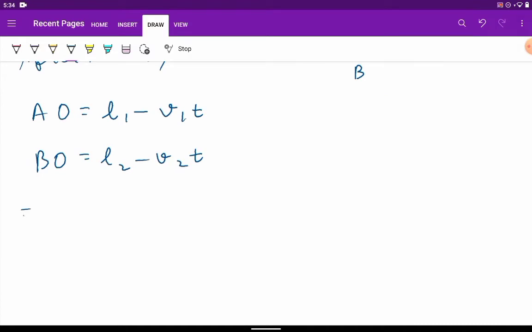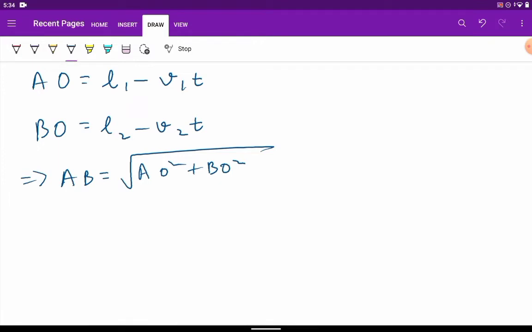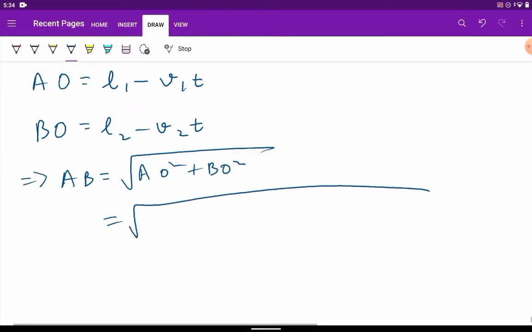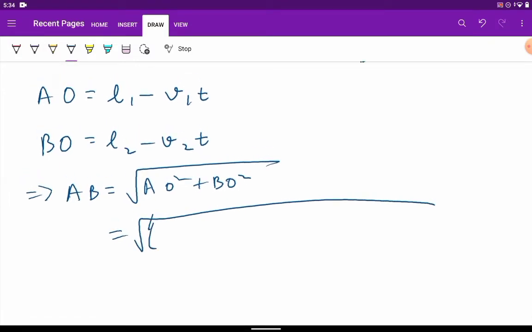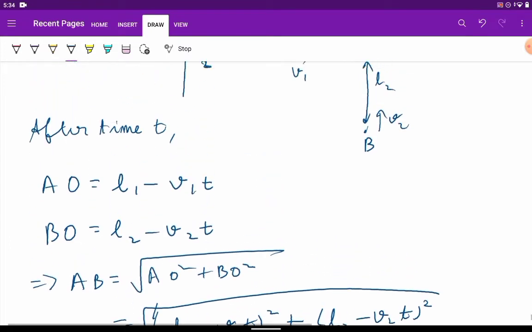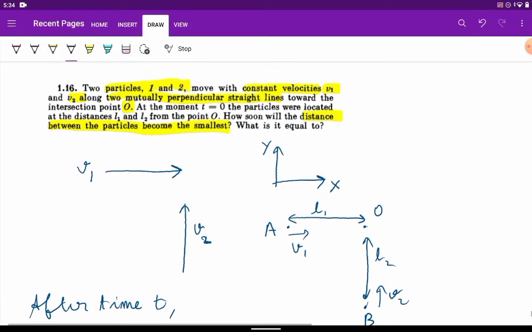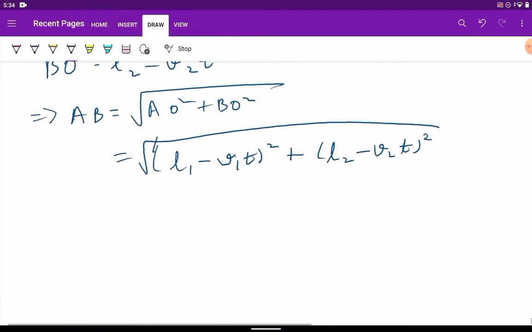So AB is the root over A square plus B square with the Pythagorean theorem. So AB is the root over (L1 minus V1t) whole square plus (L2 minus V2t) whole square. Now what they are saying is, when will this AB become the smallest?